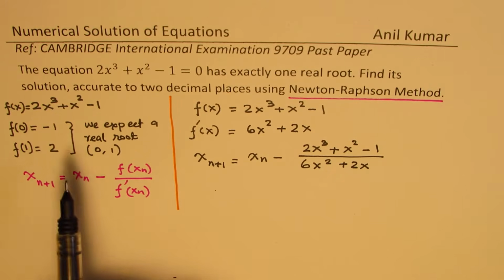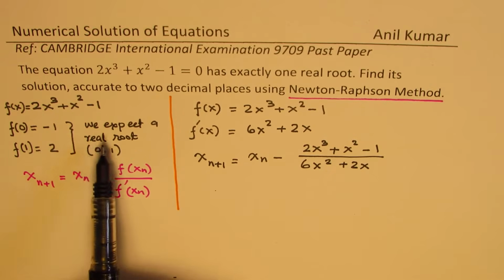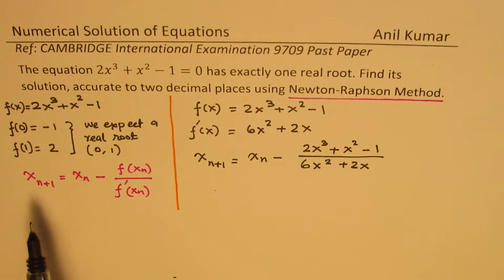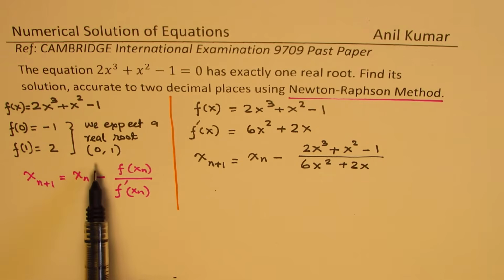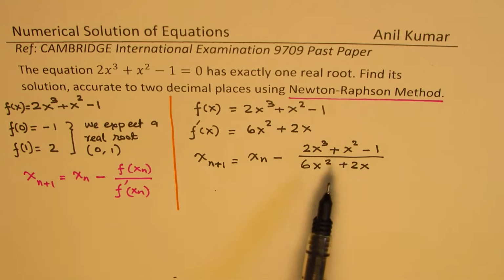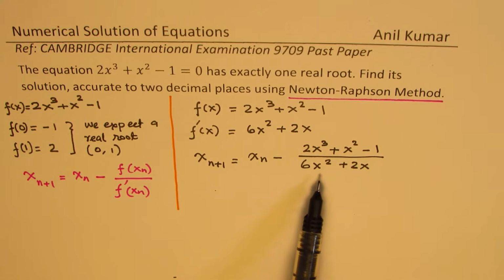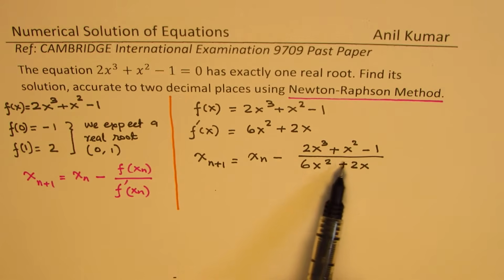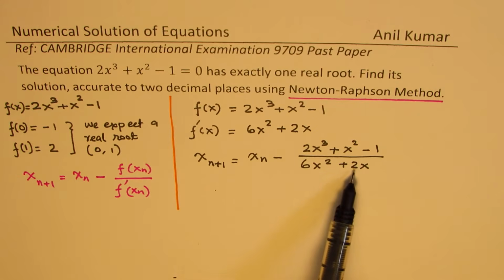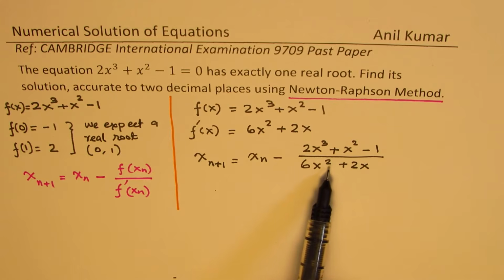Now since we know that the root is between 0 and 1, we can actually start with 1. Why are we not starting with 0? That's important to understand, because at 0, the denominator is going to be 0, so that is undefined, correct?